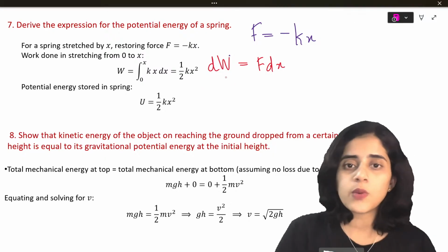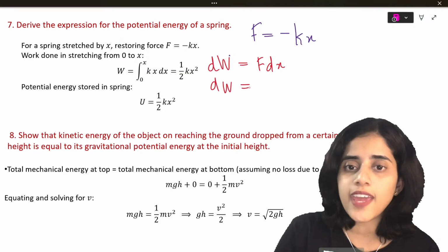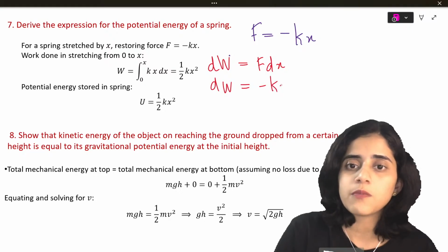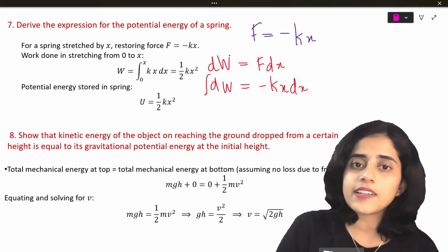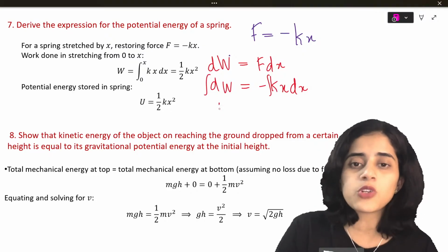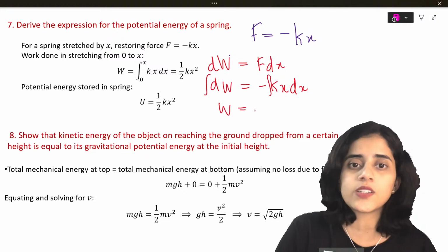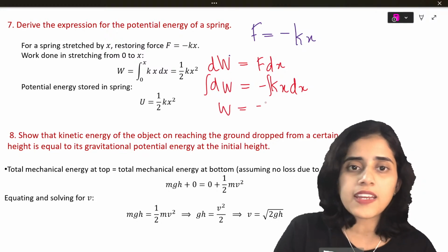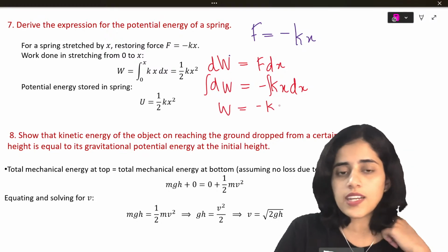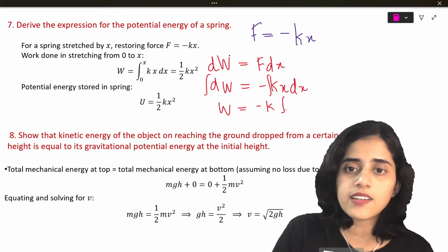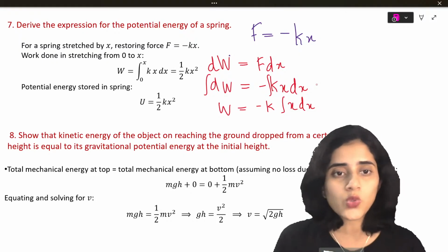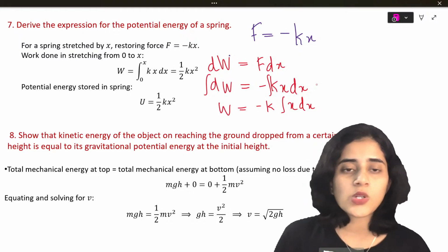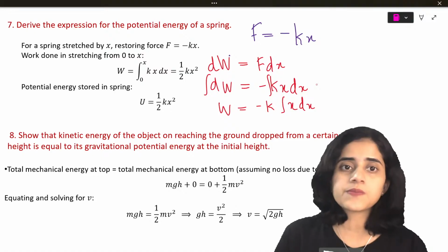Now what I will do, I will substitute F. So dW is equal to minus kx dx. I just substituted F. Now I integrate both the sides. So dW's integral is W is equal to integral of minus k, which I can take outside. Integral of x dx is x square by 2. So x square by 2 I will take.